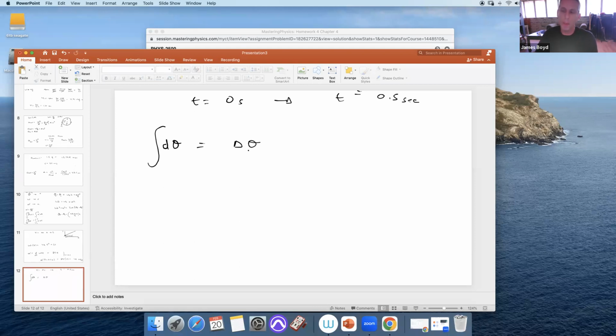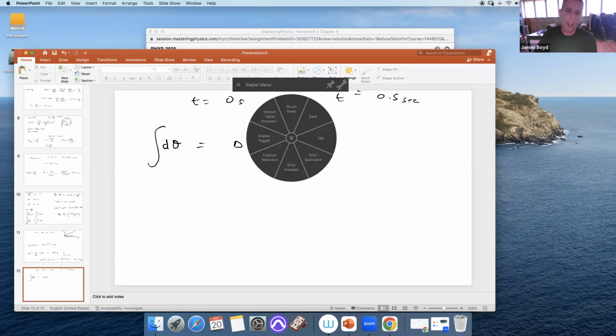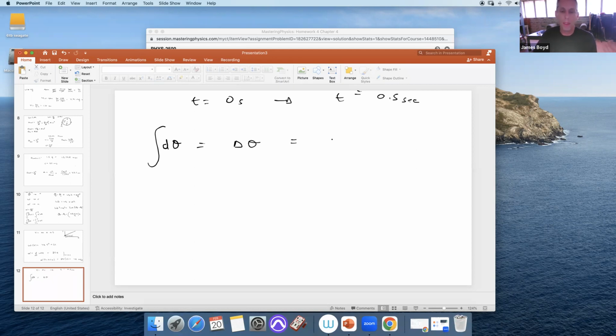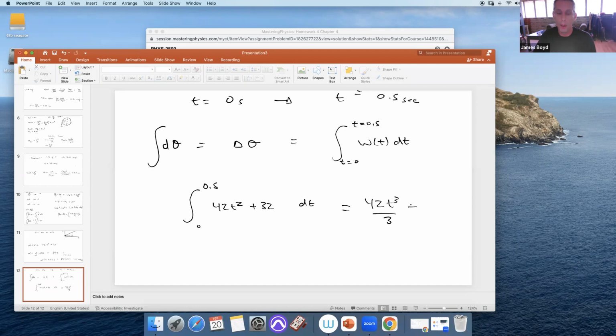We need to find the number of radians. That integral is equal to the integral of omega dt, so we need to integrate from t equals 0 to t equals 0.5. We integrate our function, 42 t squared plus 32 dt, from 0 to 0.5. Integrating this becomes 42 t cubed over 3 plus 32 t.